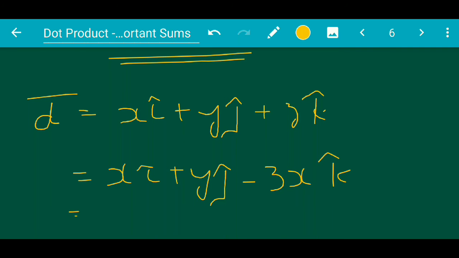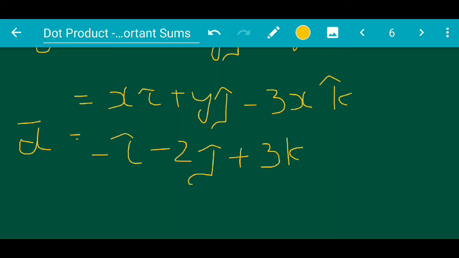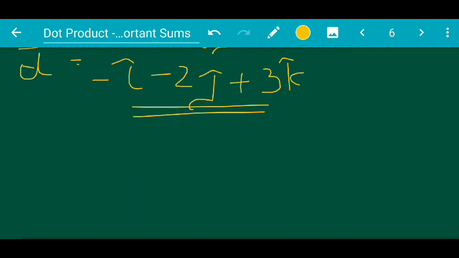So putting the value for x and y in this case, we get d bar is equal to minus i, you can solve it and see, minus i minus 2j and plus 3k. Okay, wherein we put x as minus 1 and y as minus 2. And thus we get the value for d bar. Okay, so c bar is parallel to b and d bar is perpendicular to b. And therefore a bar can be expressed as c bar plus d bar, where both the conditions are met.